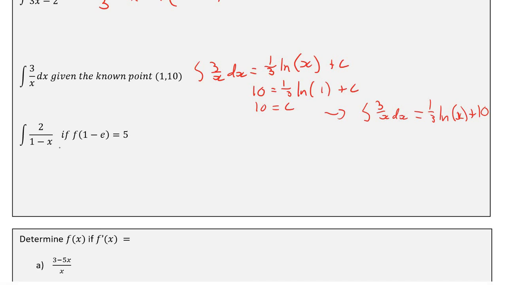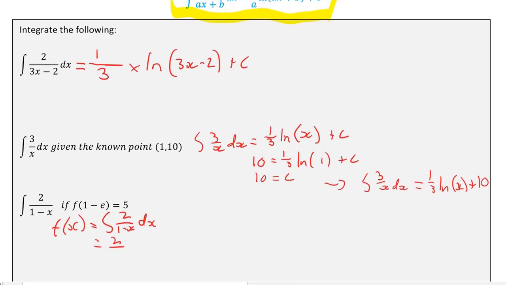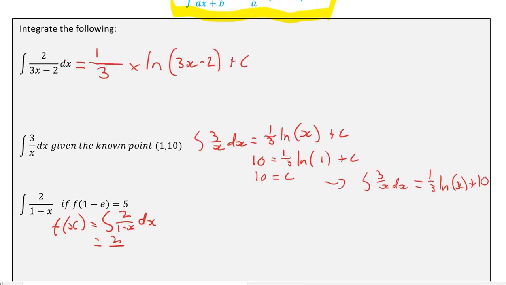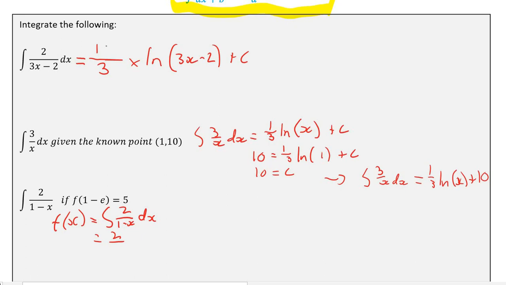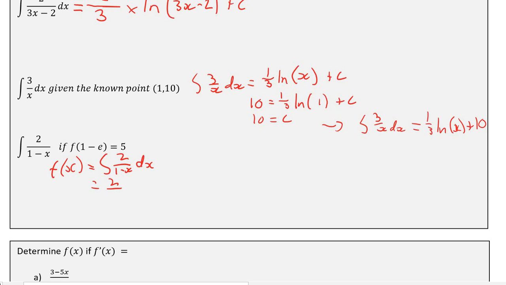Last one, guys. My function is equal to the integral of 2 on 1 minus x dx, which is 2 over... Oh my god. I just realized the one at the top should have a 2 over it. Okay, so it'll be 2 over a.